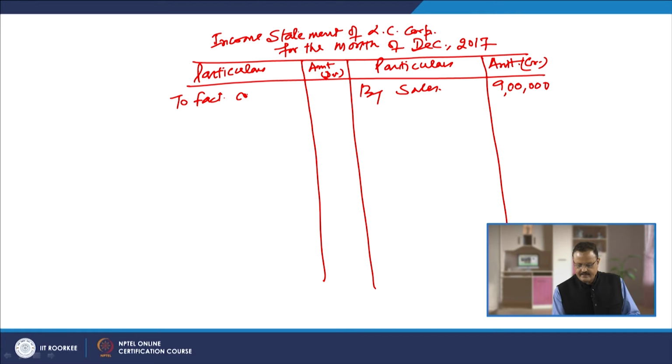This side will be taking the factory cost. So, what is the factory cost in the cost sheet? If you open up the cost sheet prepared in the last class, you will find that the item is 7,74,000. Now, before taking this 7,74,000 to the outer column, we will have to adjust one more type of stock, called the stock of finished goods. We have not adjusted this stock in the cost sheet.